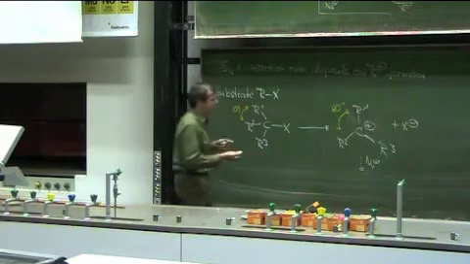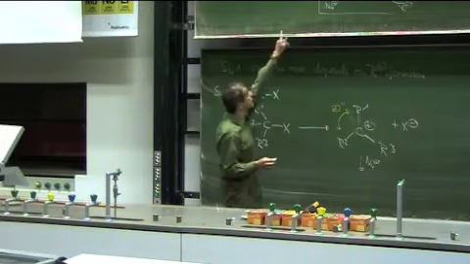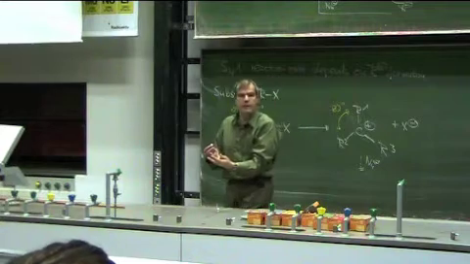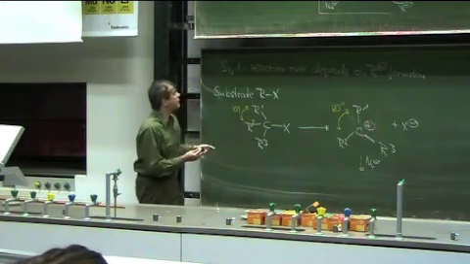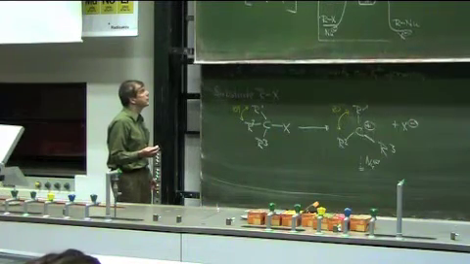So the question is, and that's of course always the question, what we have assumed here is that the reaction goes in the direction that the nucleophile displaces the X group.